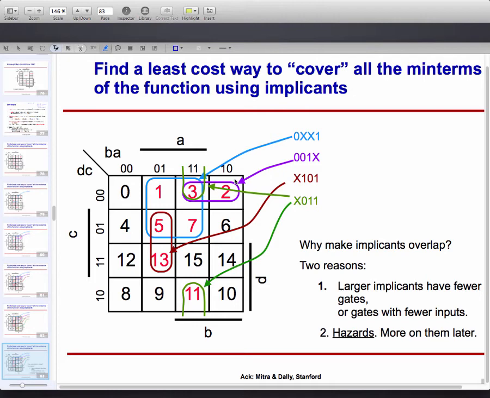There are times when you may deliberately go for a less efficient solution. Towards the end of this module, we are going to talk about why that may be. It has to do with some erroneous and dangerous behaviors that real-life circuits may exhibit, which sometimes require that you back off and include some extra terms in your implementation. We'll talk about something called hazards.